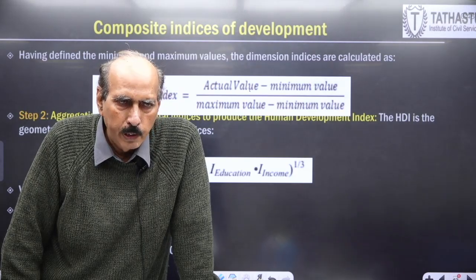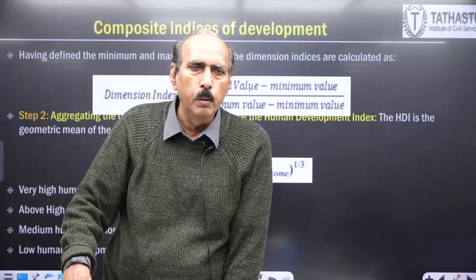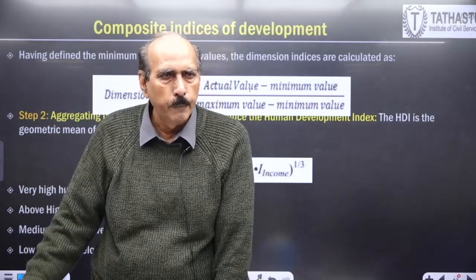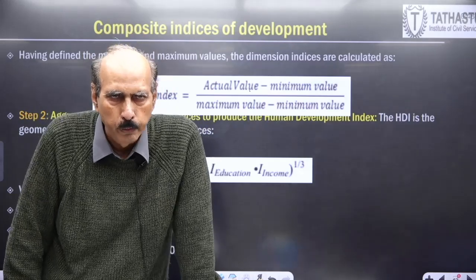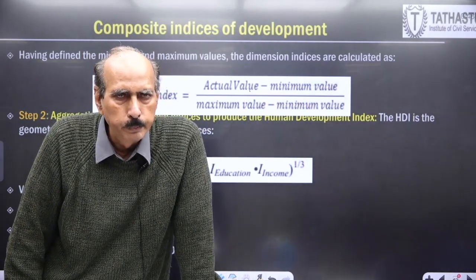When you adjust for inequality, our HDI goes down by 1 percentage point, 1 point से नीचे चला गया, because we have taken into account inequality prevailing in the economy.